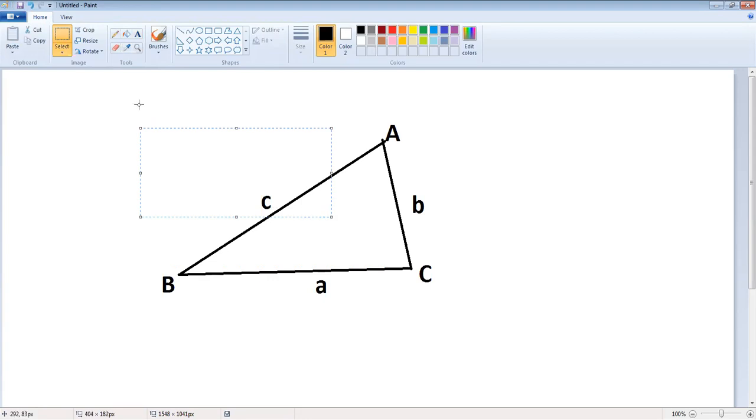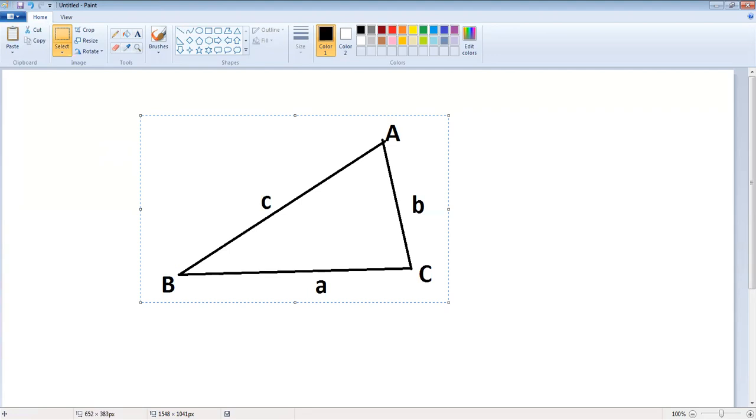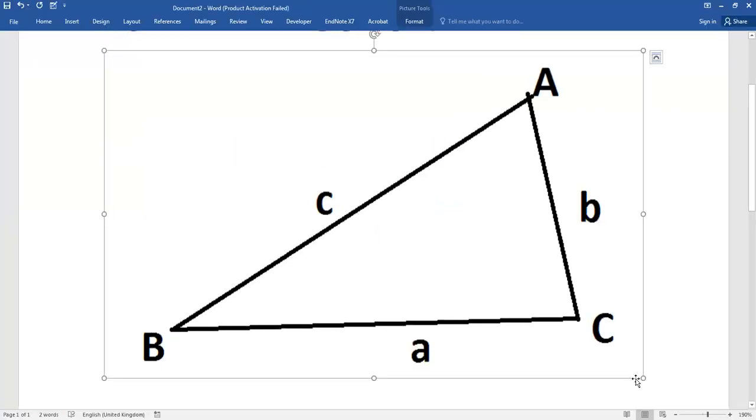We have just named them A, B, C, the capital A, B, C being the angles, and the small a, b, c being the lengths or the sides. Now, we'll try to use them to understand a few more concepts relating to trigonometry.